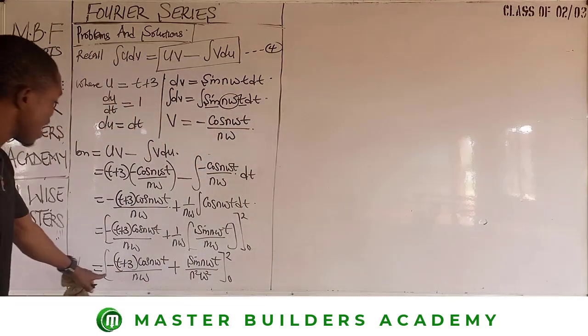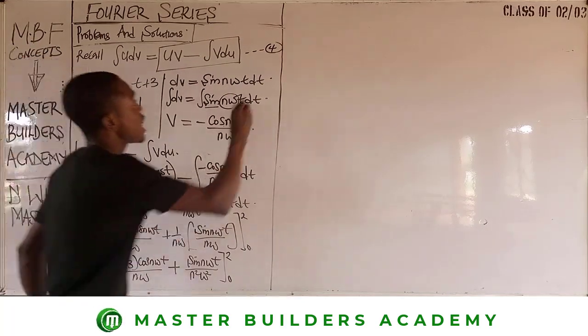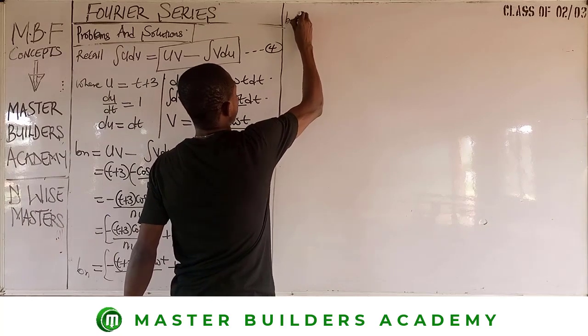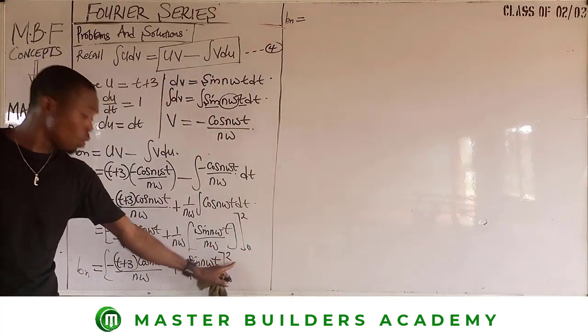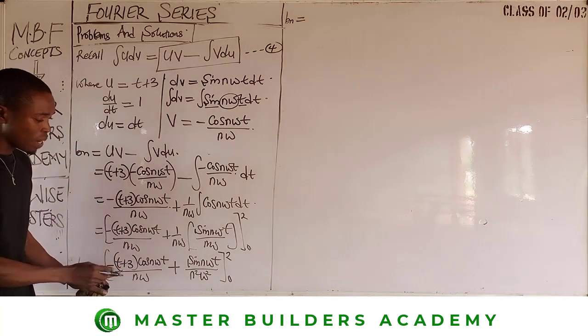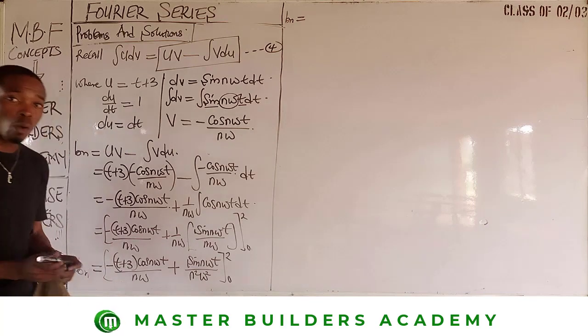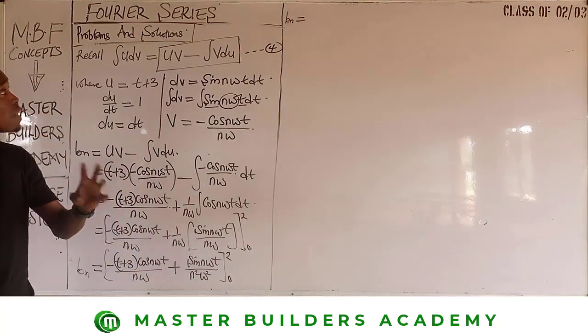Okay, now we want to put in our upper limit and lower limit. Bn is equal to, so the upper limit is 2. If I substitute 2 in place of t, remember at this point we are substituting for both t and angular velocity.